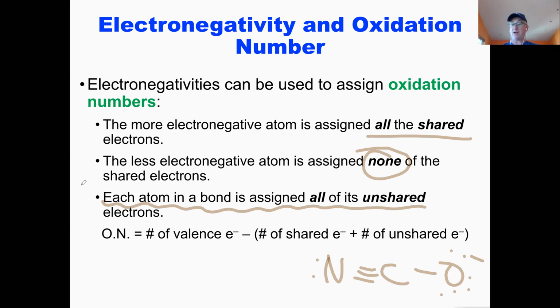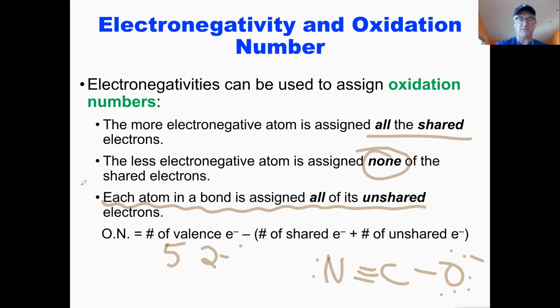So let's calculate them here. So nitrogen should have 5 valence electrons. So how many lone pairs does it have? 1. So it's got those 2 valence electrons to itself.